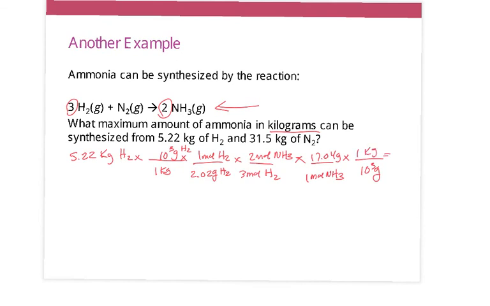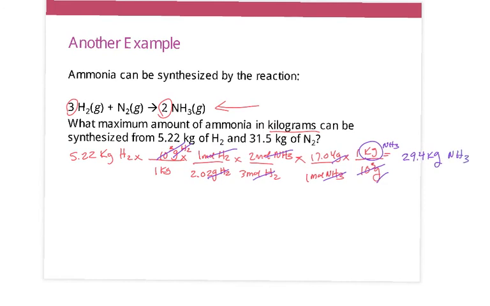You can see that our grams cancel, our moles cancel, and we are left with kilograms of ammonia. We can also simplify this because there's 1,000 on the top and 1,000 on the bottom. And so we end up with 29.4 kilograms of ammonia here.